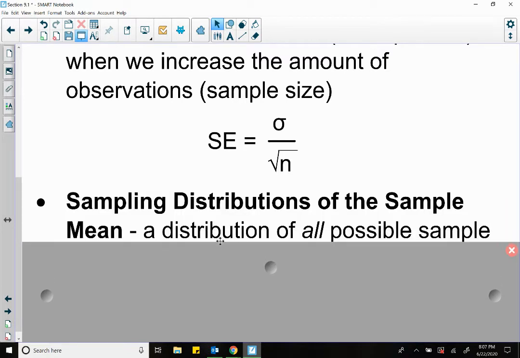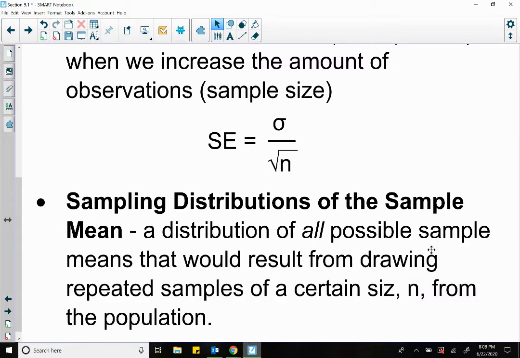Again, we're talking about taking multiple samples and having multiple means. When you take those multiple sample means and display them in a distribution like a histogram, we call that the sampling distribution of the sample mean, because we took a sampling of all the sample means. This is just a definition.